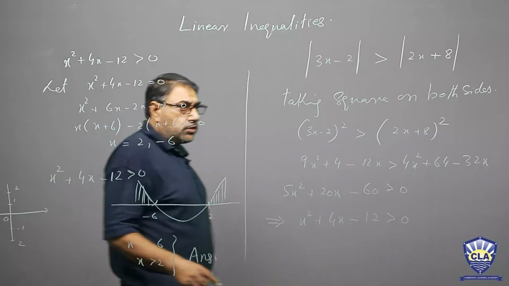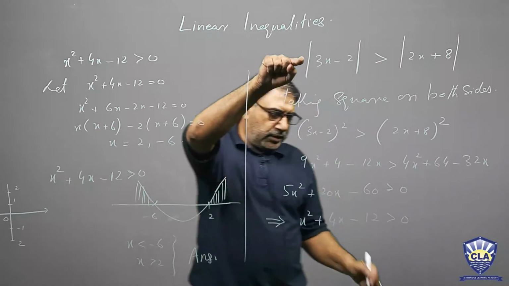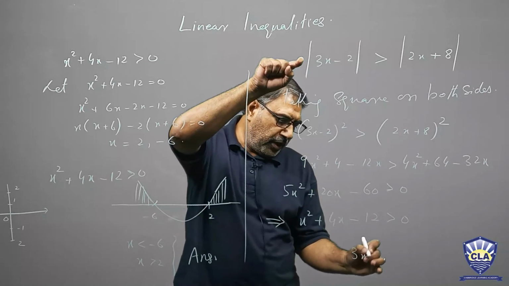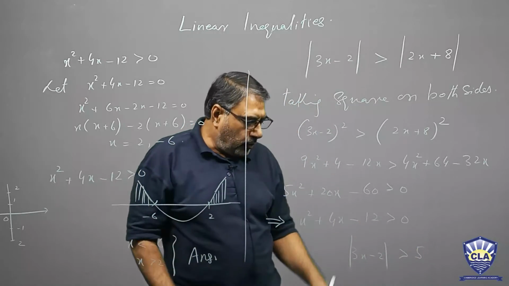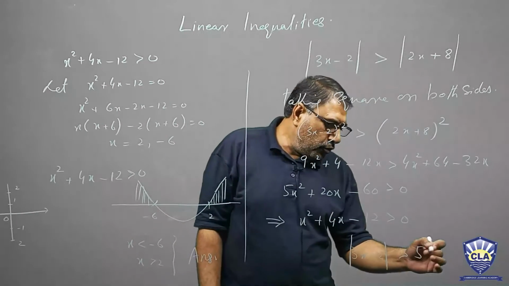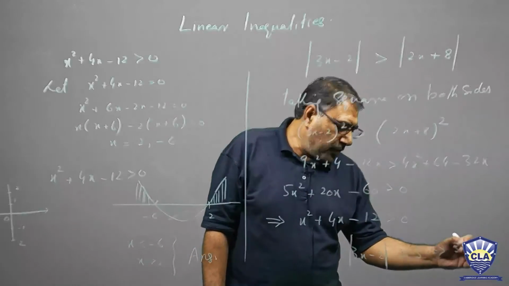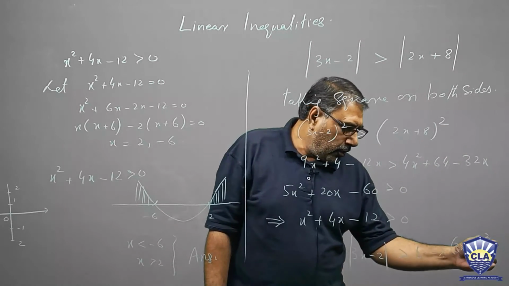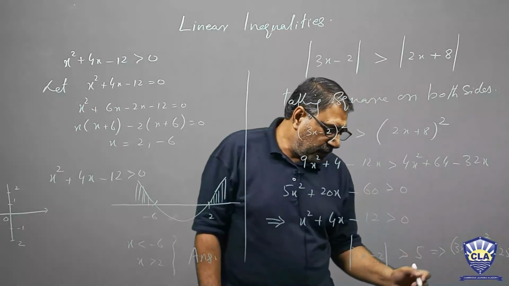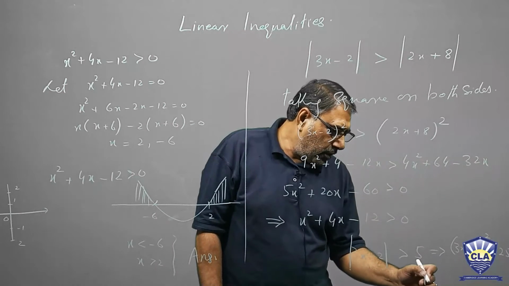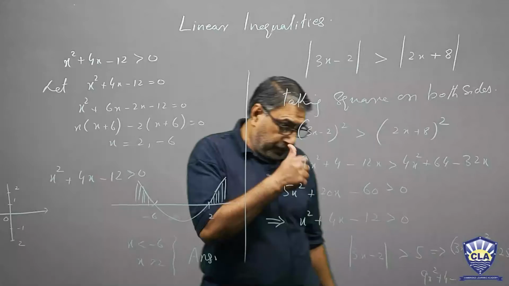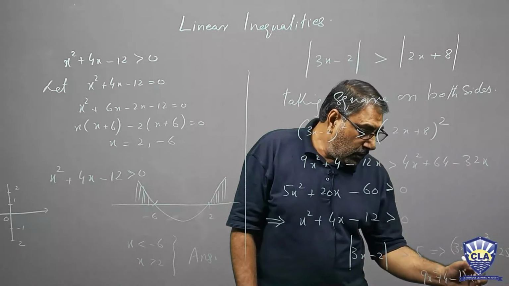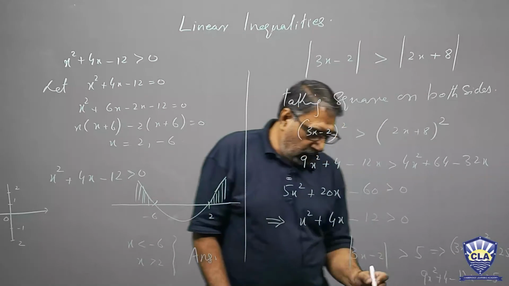If you have a modulus on one side, |3x − 2| greater than 5, then by taking the square on both sides, remove the modulus: (3x − 2)² greater than 25. Now 9x² + 4 − 12x greater than 25.